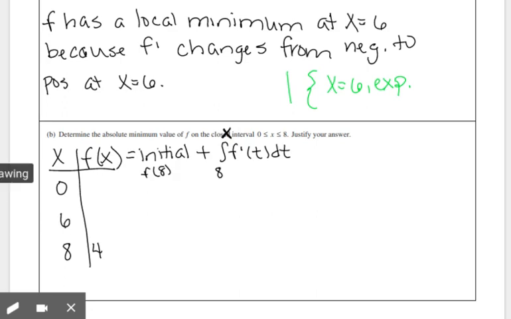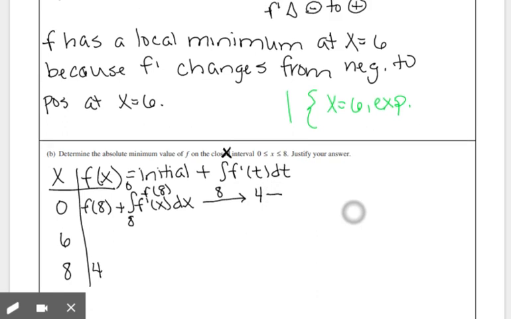Okay, so let's go ahead and do 0. So our initial is f of 8 plus the integral from 8 to 0 of f prime. I'm going to go ahead and jump over here for a second. So f of 8 we know is equal to 4. The integral from 8 to 0, well, that's backwards. So I'm going to make it negative.